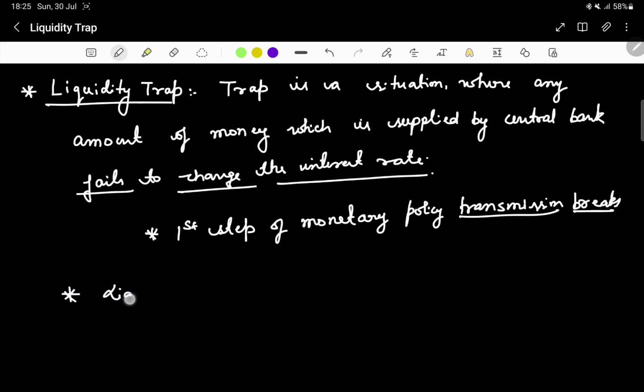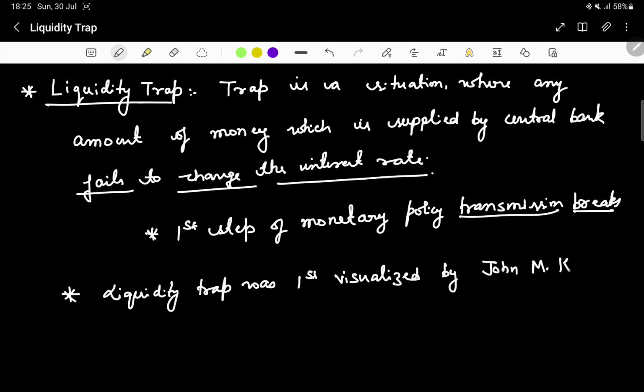The liquidity trap was first visualized by John Maynard Keynes during the Great Depression.